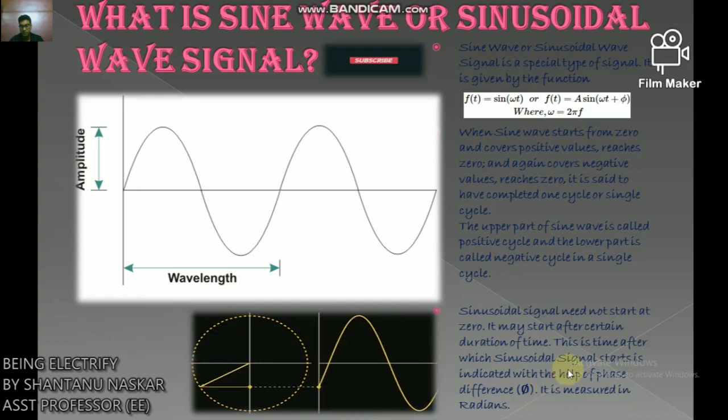The time after which the sinusoidal signal starts is indicated with the help of the phase difference phi. This phi is called the phase difference, and it is measured in radians. And this is the wavelength, and this is called the amplitude.